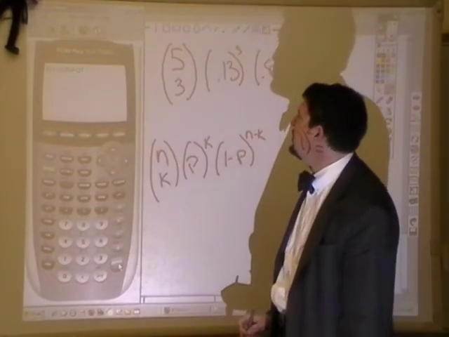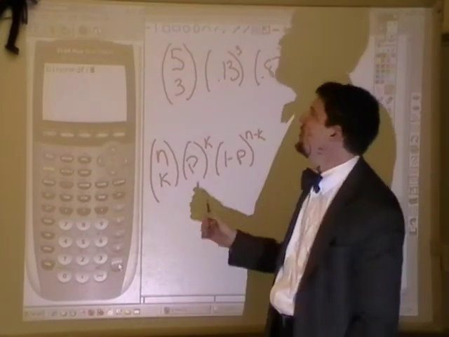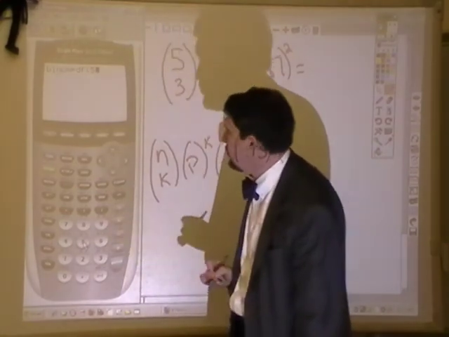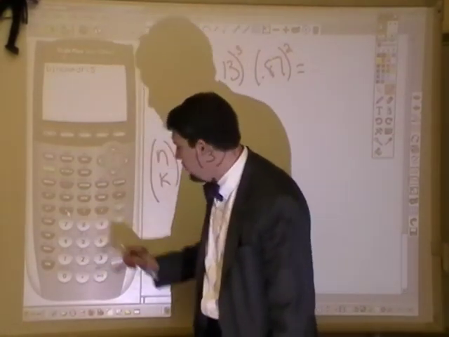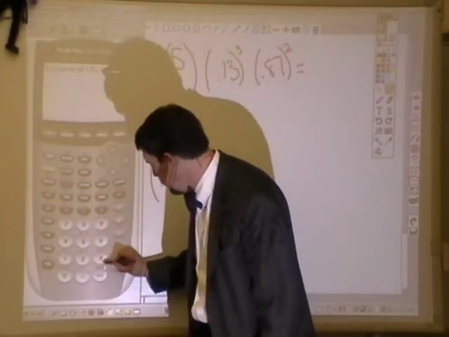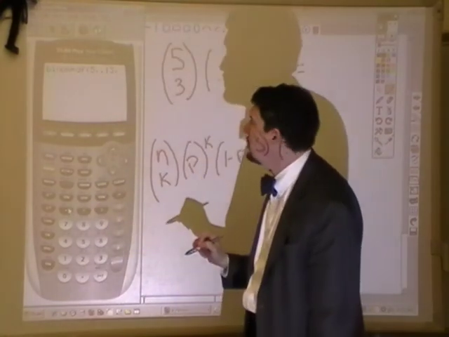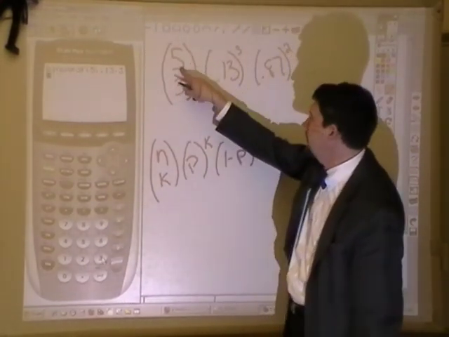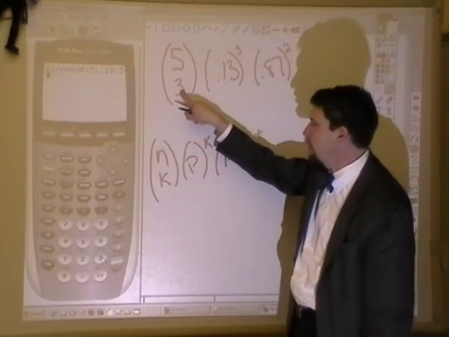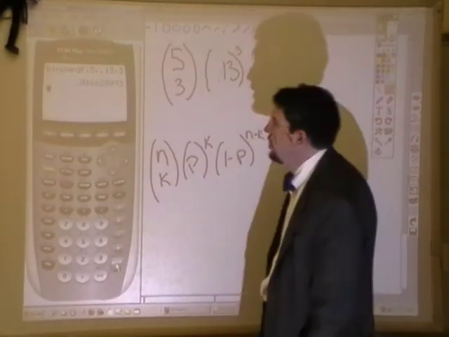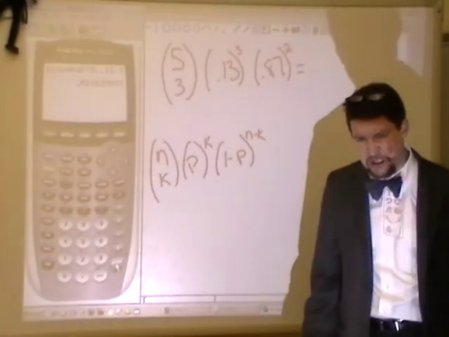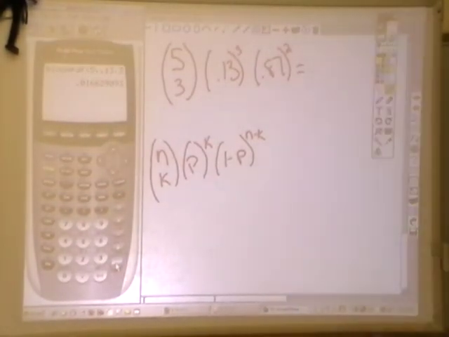Syntax N, P, R, or K because the calculator is the only one that uses R. N, number of trials, is 5, comma, P, probability for success, is 0.13, comma, number of successes, 3, and these are the numbers you're using right here, N, P, R, or K. We hit enter, and we get 0.0166. Okay, we're going to finish this problem, we're going to come back.